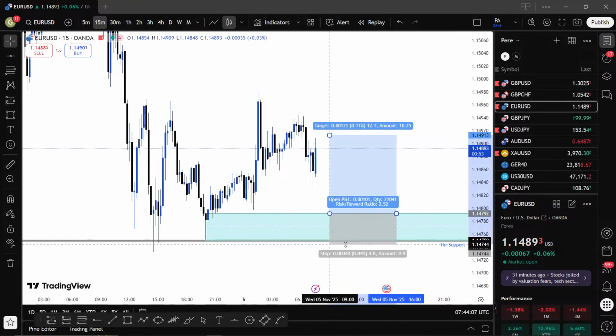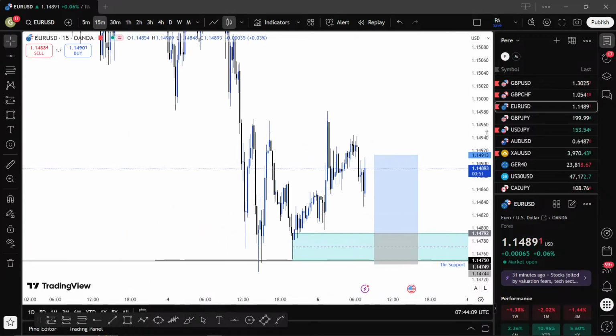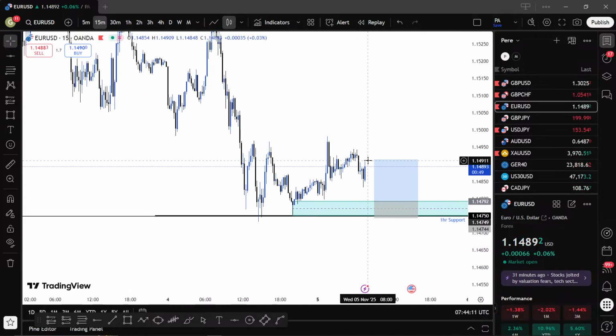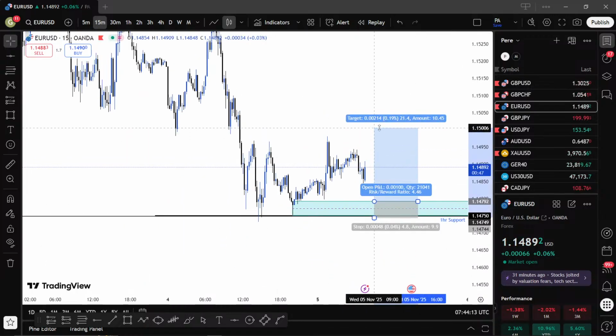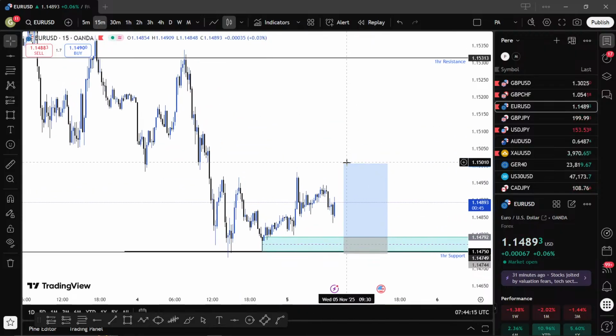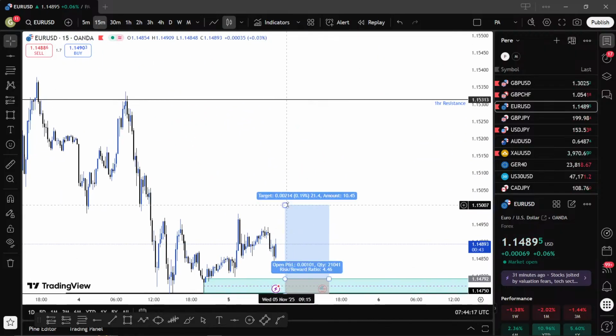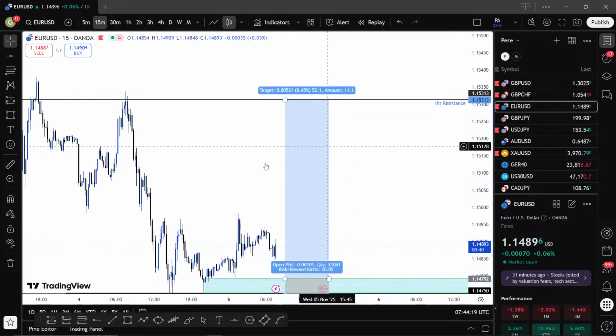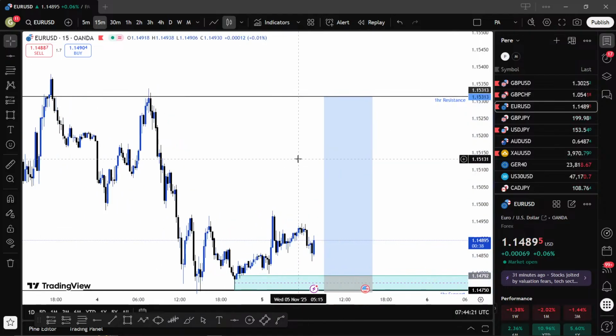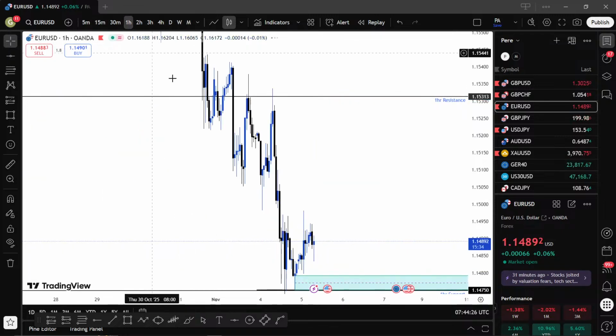More of like this, and then I'll probably target this place here as my take profit one, which should be a 1:4, and then look at the overall top as my final take profit. At the same time, let me come down to the 1 hour time frame.